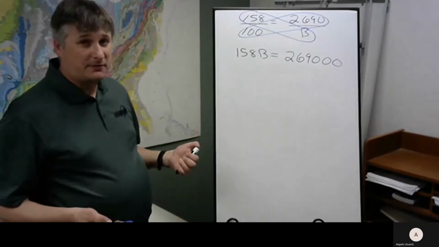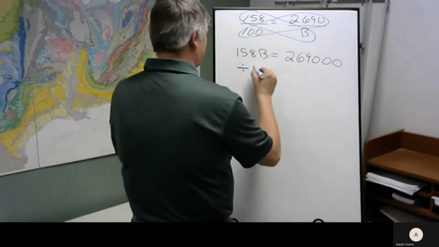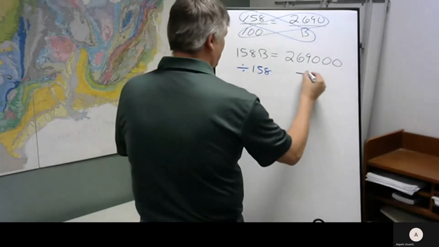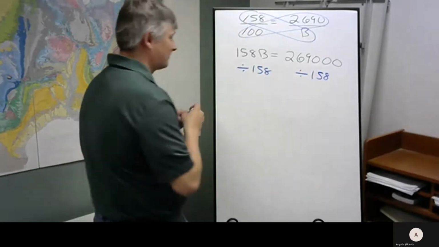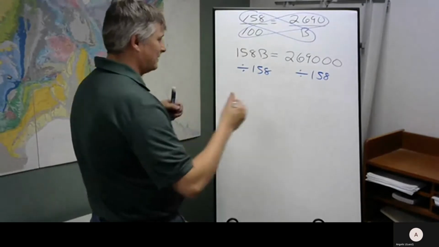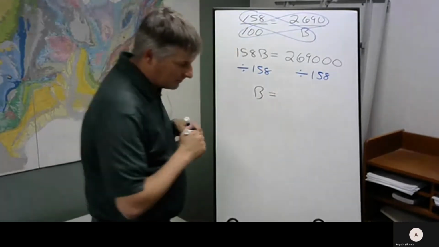Divide both sides by 158. We'll get B. Let's see, what do we get for B?